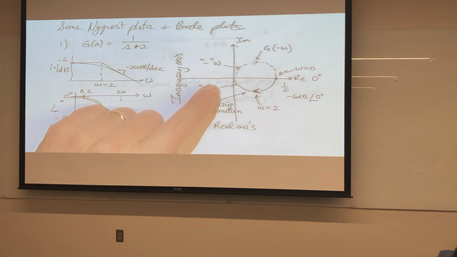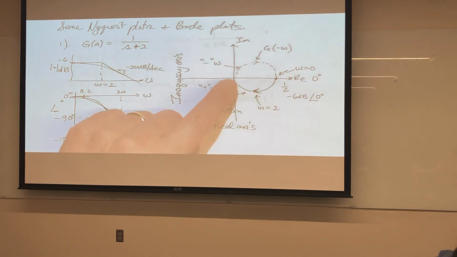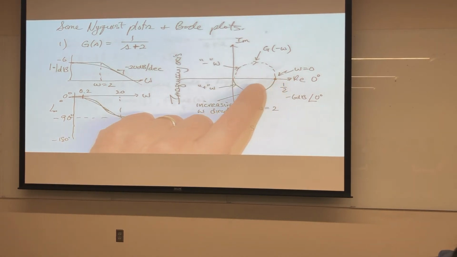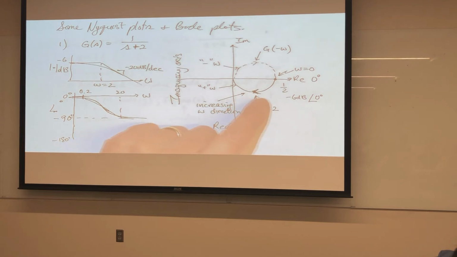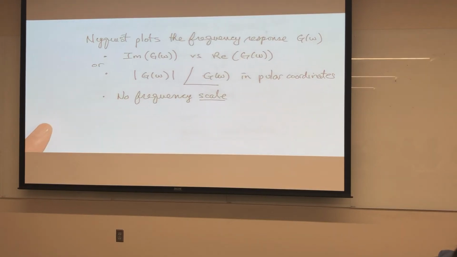Here we only have 2 variables, imaginary and real. The frequency, you really don't know. You don't know what frequency is along here. If I just give you a curve, you just know the frequency goes from 0 to infinity. But where is omega equal to 10? You can't tell. Where's omega equal to 1? It's not obvious. Okay. So there is no frequency scale.